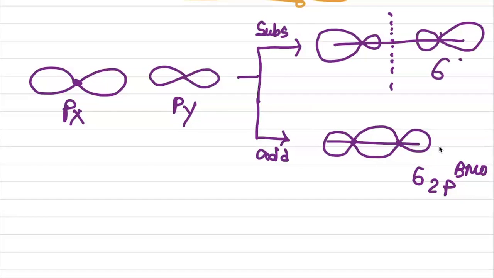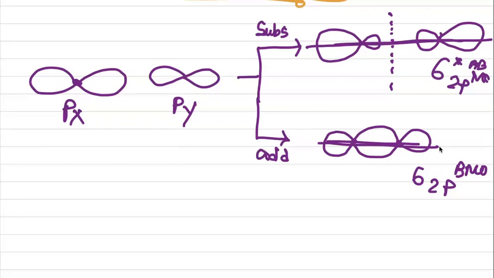This is sigma star 2p MO, that means it is antibonding MO. See, about the axis, symmetry is present here. But when we are considering pi MO, let's see how pi MO looks.